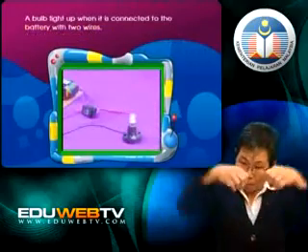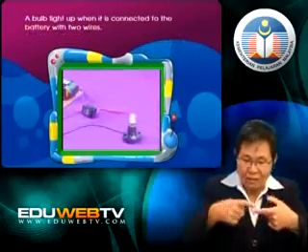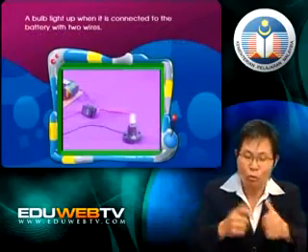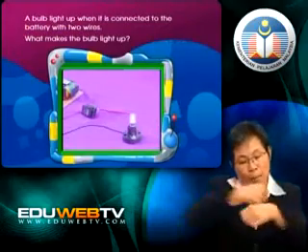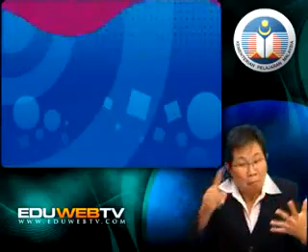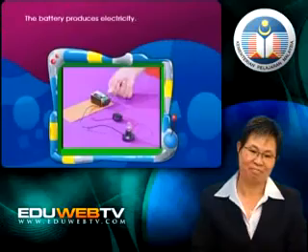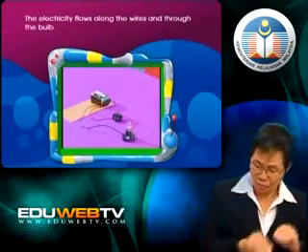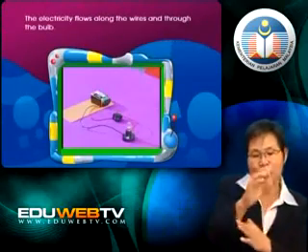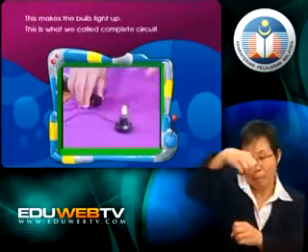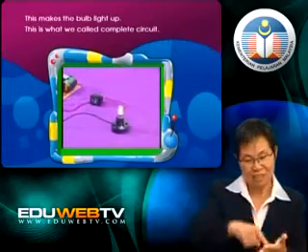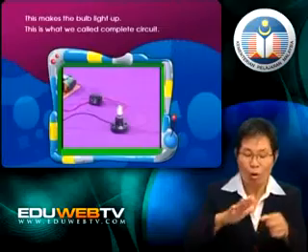A bulb lights up when it is connected to the battery with two wires. What makes the bulb light up? The battery produces electricity. The electricity flows along the wires and through the bulb. This makes the bulb light up. This is what we call a complete circuit.